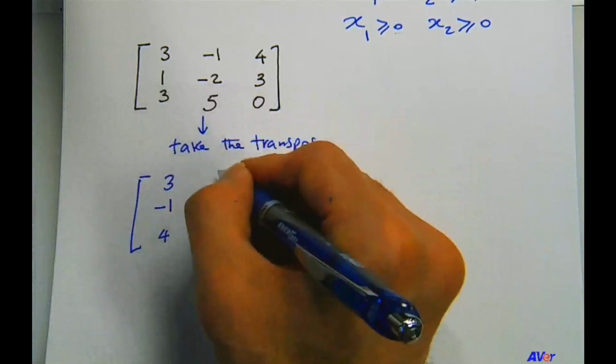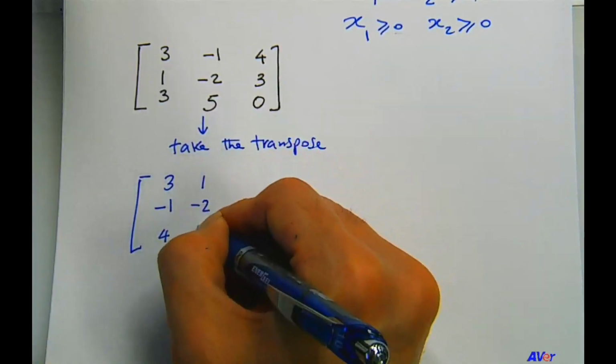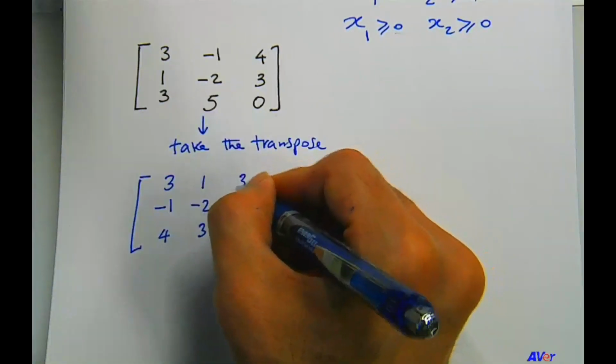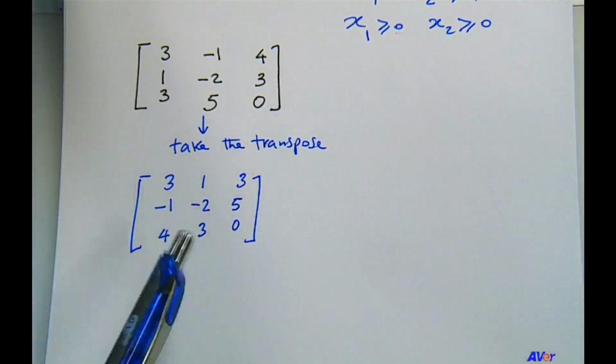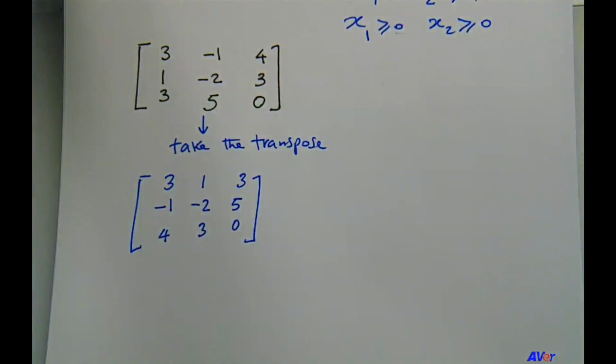Second row becomes the second column. And the third row becomes the third column, like that. So these numbers no longer have anything to do with the original minimum problem. These are new variables.